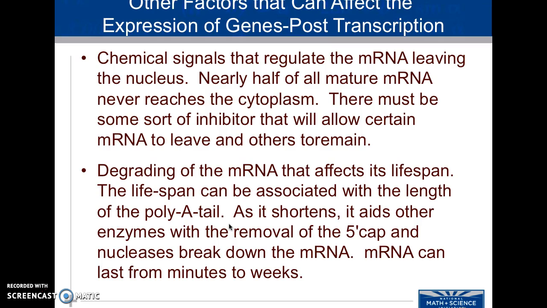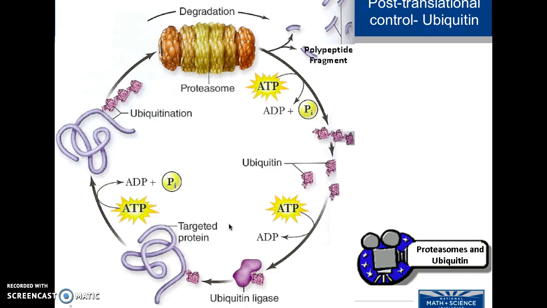This also can include the degradation of its 5' GTP cap or the poly A tail. As it breaks down, the mRNA cannot last as long. This is an example of ubiquitin, or the process of making ubiquitin, and we can see that eventually that mRNA is slowly starting to degrade, and we make fewer of them.